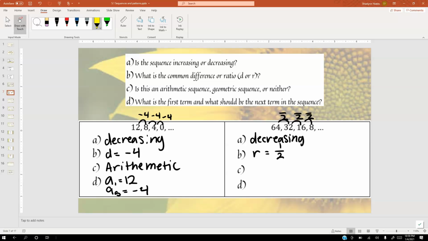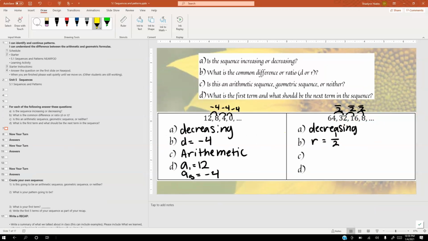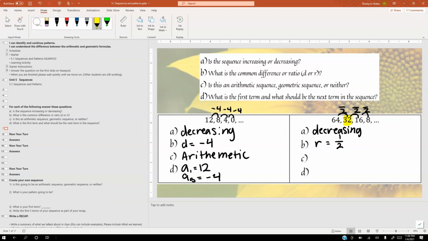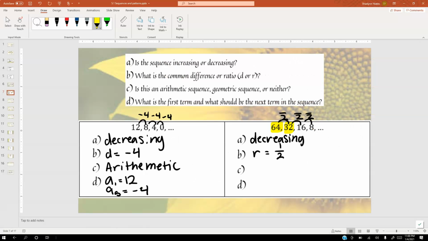You can find this by taking a number later in the pattern and dividing it by the number before in the pattern. Okay, so if we take 32 and we divide by 64, we'll end up with 1/2 if we actually reduce that fraction. Okay, because we're dividing, this is a geometric sequence. And the first term, or a sub 1, is 64. And the next term, which would be a sub 5, if we take 8 and divide by 2, we would get 4.